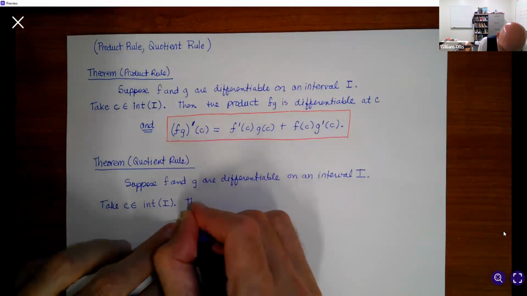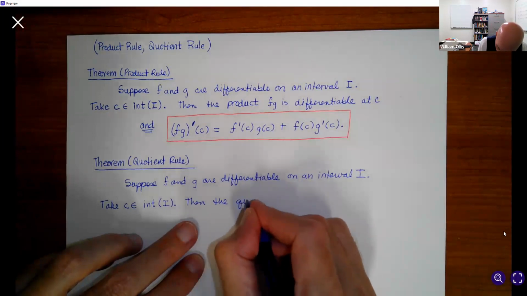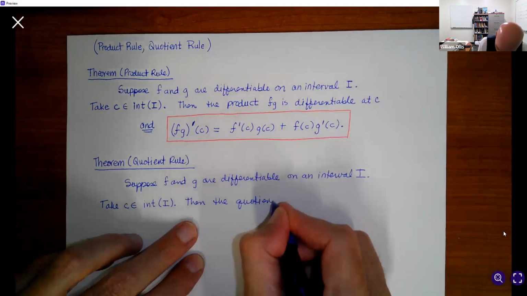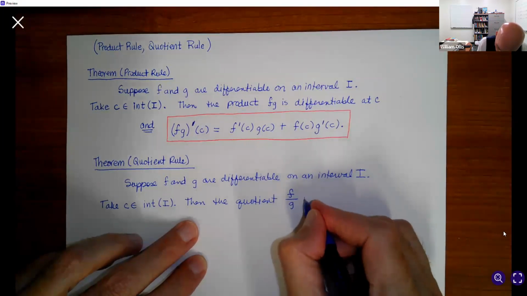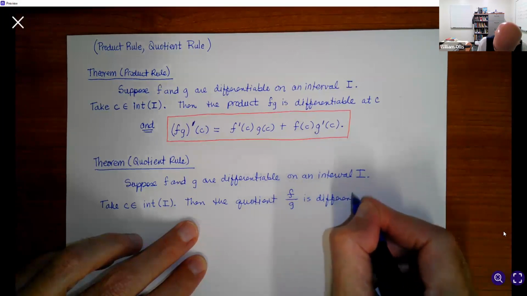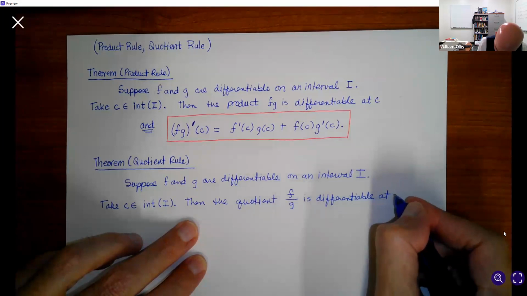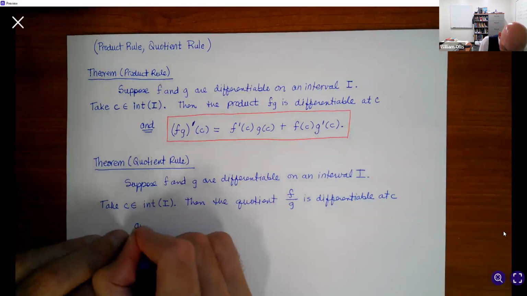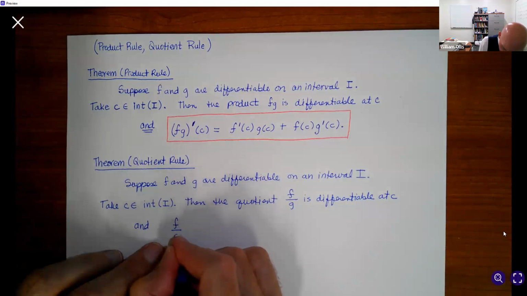Then, of course, the quotient f over g is differentiable at c. And this has a very, very interesting formula.